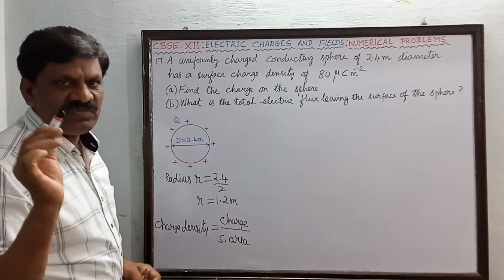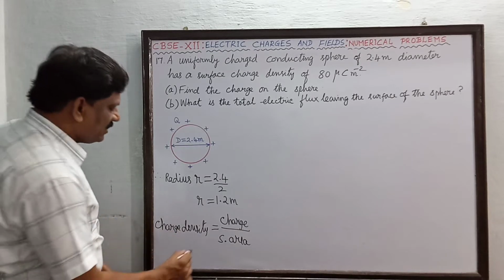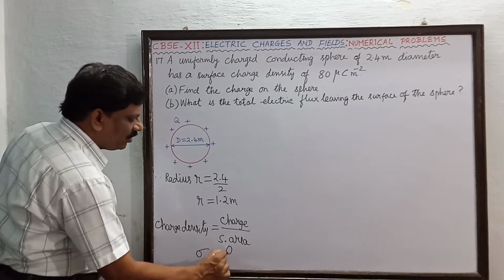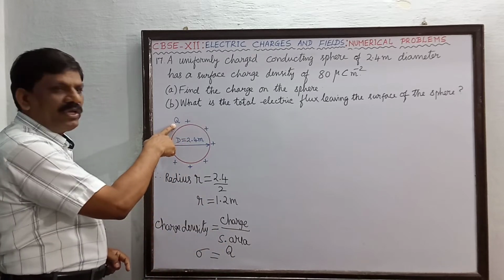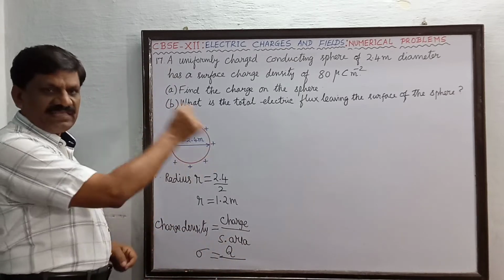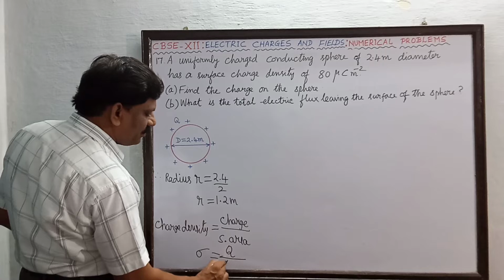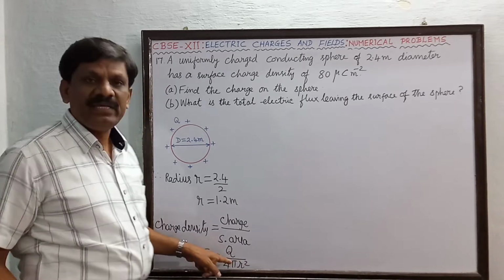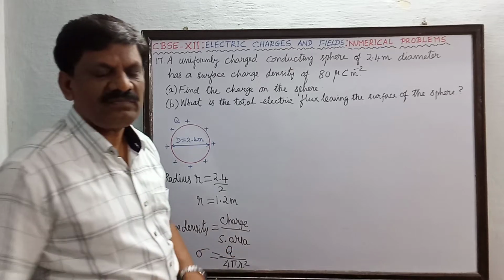The symbol which we have used for charge density is sigma, and sigma is equal to the charge on the sphere Q divided by the total surface area of the sphere. Total surface area of the sphere is 4 pi r square.